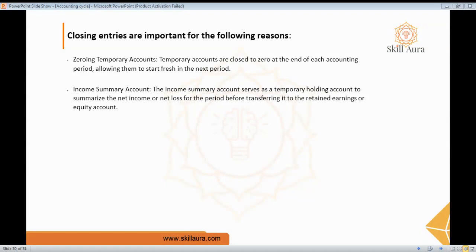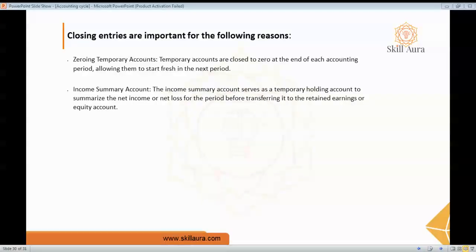The last one is why closing entries are important. You have to know why they are important, because of these two reasons. The first one is zeroing temporary accounts and the income summary account.